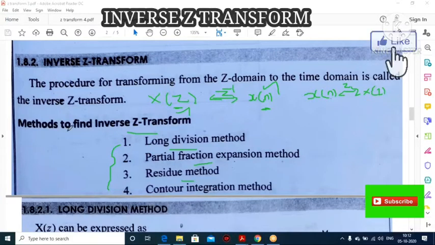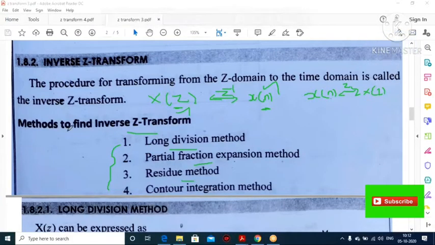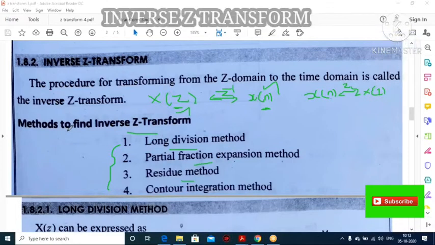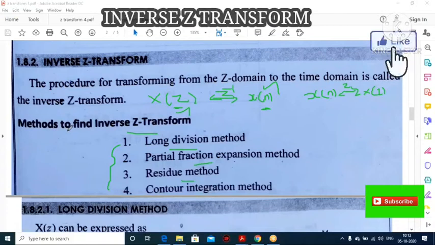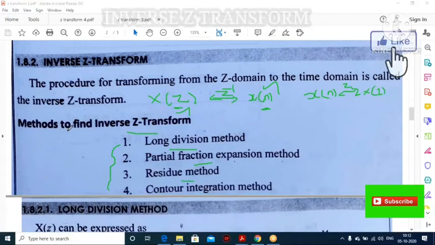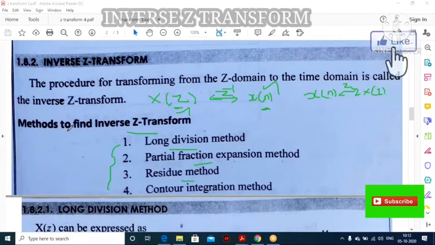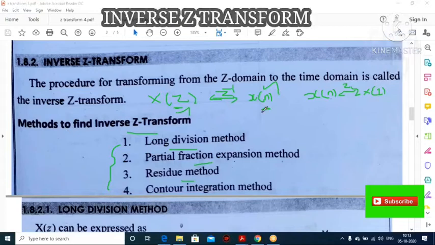So what is Z transform? It is the procedure for transforming from time domain to Z domain. What is inverse Z transform? It is the procedure for transforming from Z domain to time domain.